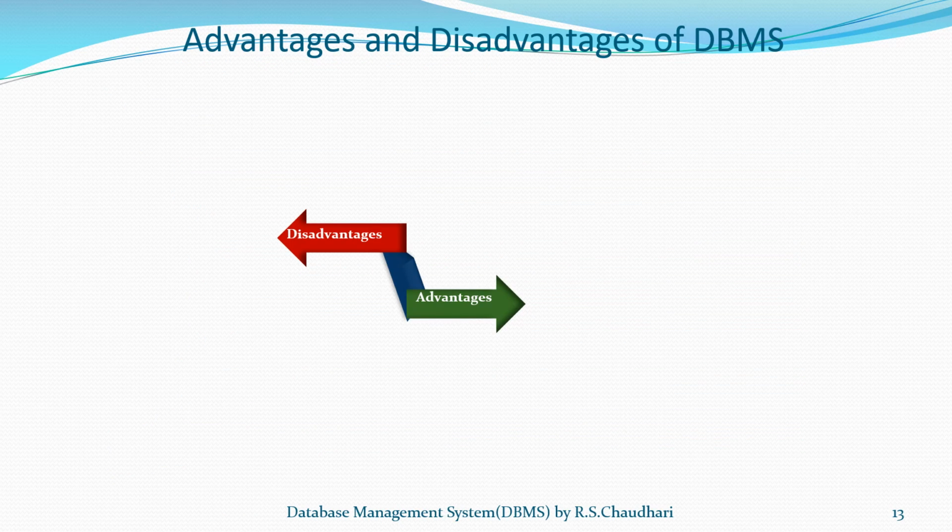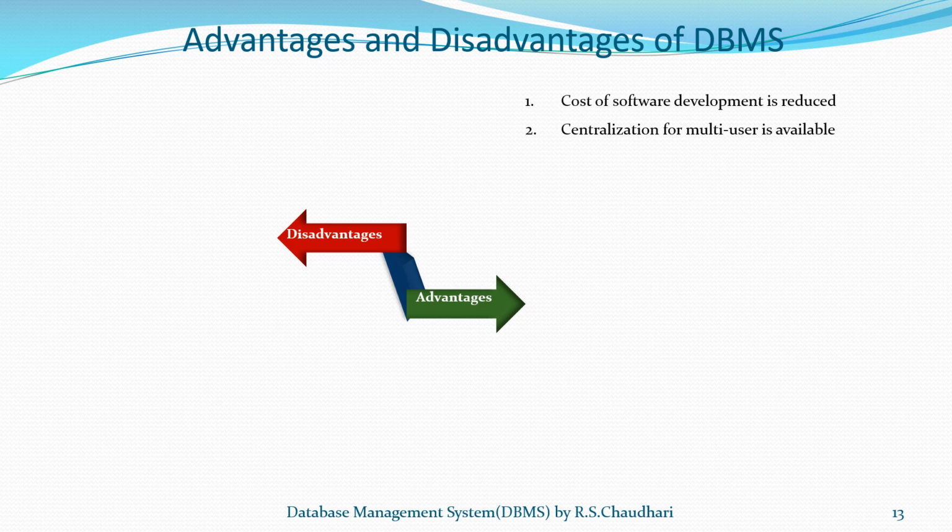Advantages and disadvantages of DBMS. Now here first of all we are going to discuss advantages. First advantage is cost of software development is reduced. Here for developing any software, by using database management system, software development cost is reduced. Then centralization for multi-user is available.